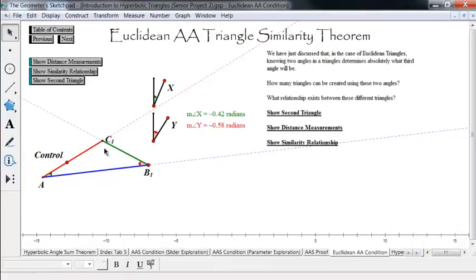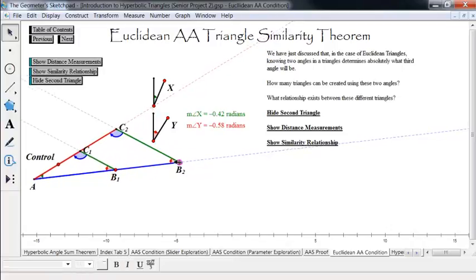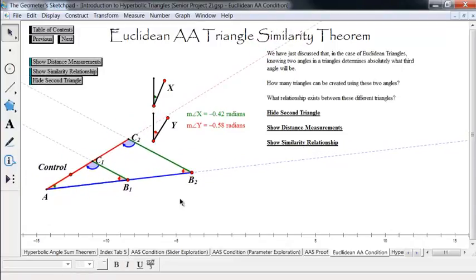But in Euclidean geometry, there's not a different possibility for the other angle. So we could have more than one triangle here, and they have all the angles congruent, but they're definitely not congruent triangles. So in Euclidean geometry, the angle condition is not enough to get congruent triangles.